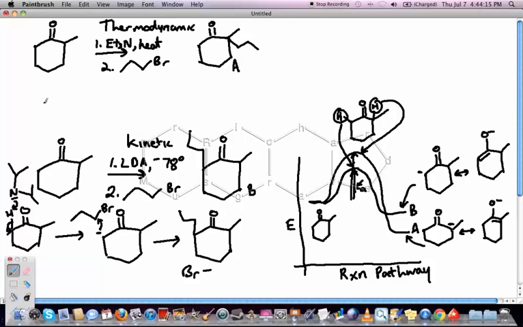Looking at the thermodynamic conditions, even though this proton is harder to abstract under the kinetic conditions, under these thermodynamic conditions, what's going to happen is the nitrogen will take the proton off the more substituted carbon, because it's going to be a more stable anion.